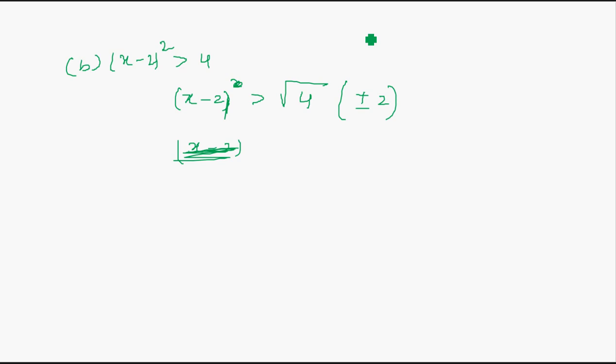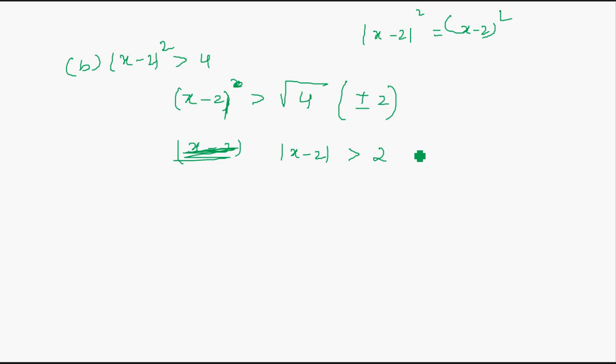Because modulus of (x minus 2) whole square is nothing but (x minus 2) whole square. So here when we take the square root, this will become modulus of x minus 2 greater than 2, because root of 4 is 2, and I don't want to do plus or minus. We cannot do that in case of inequalities.